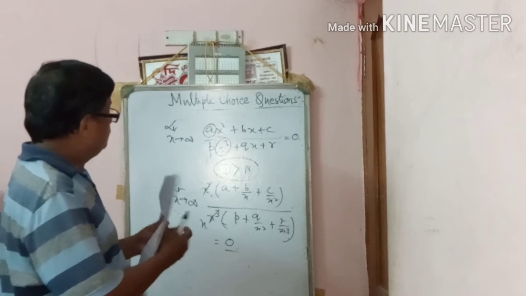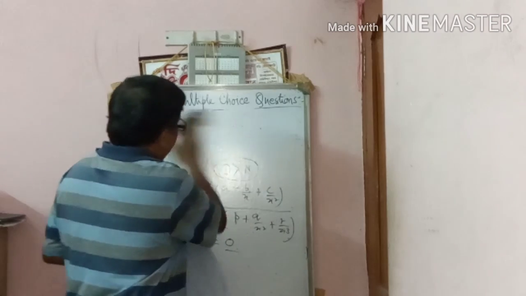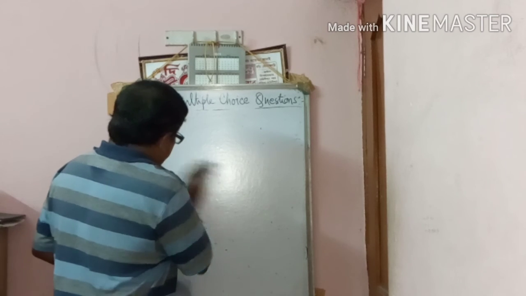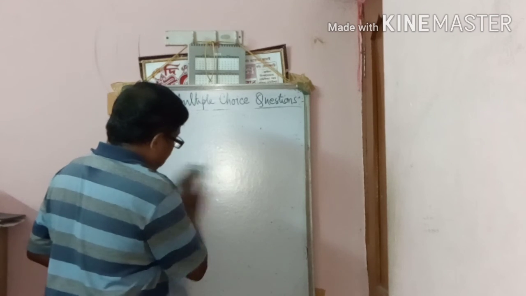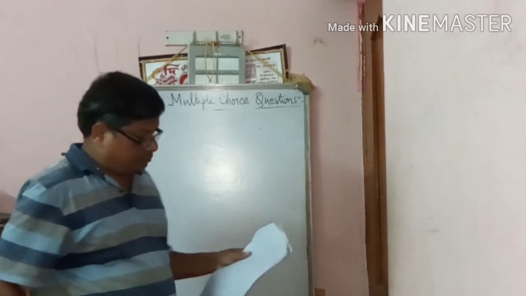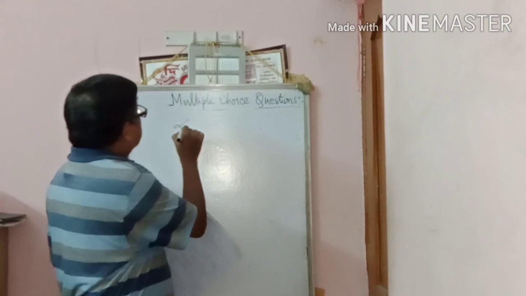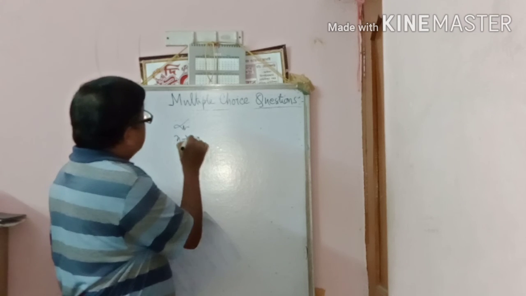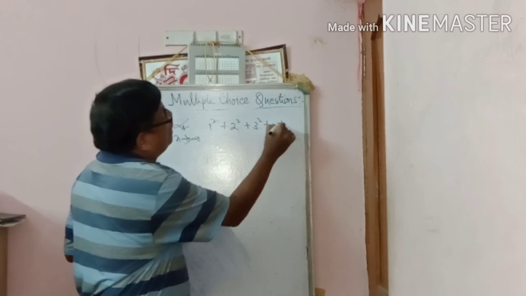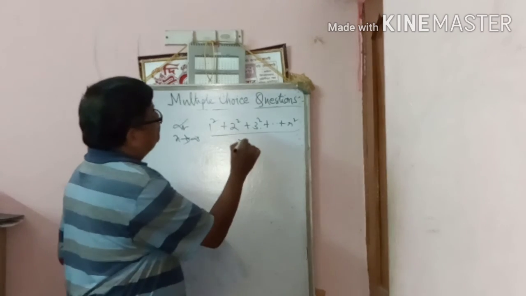Next. Suppose limit n tends to infinity of (1 square plus 2 square plus 3 square up to n square) by n cube.